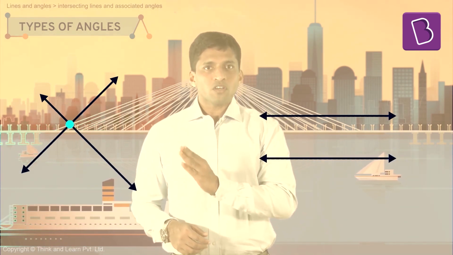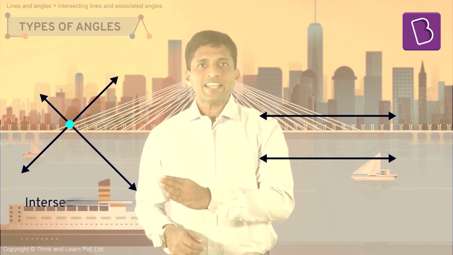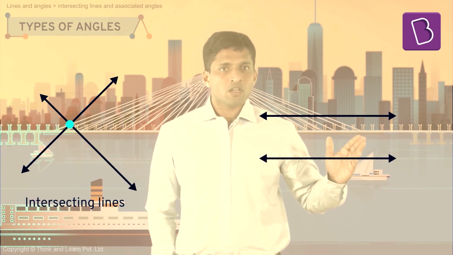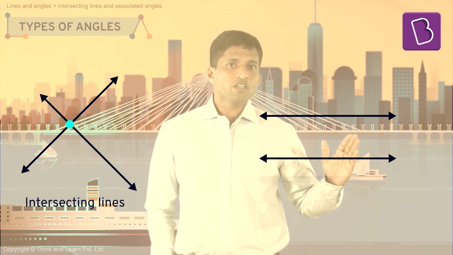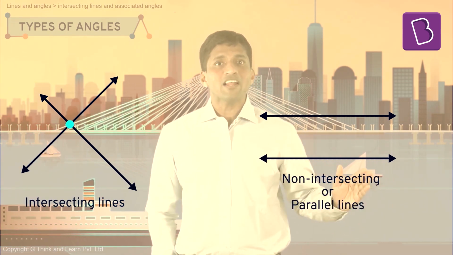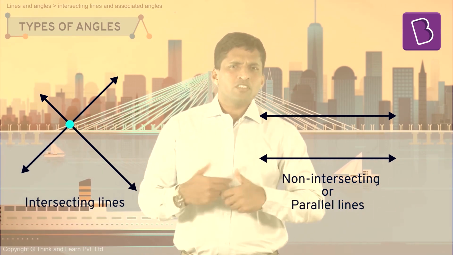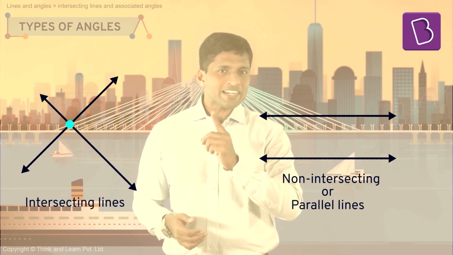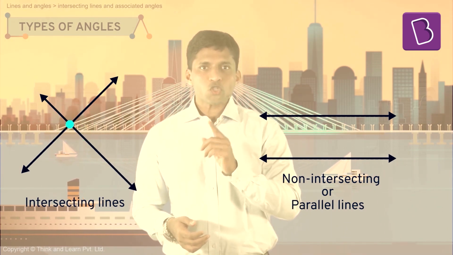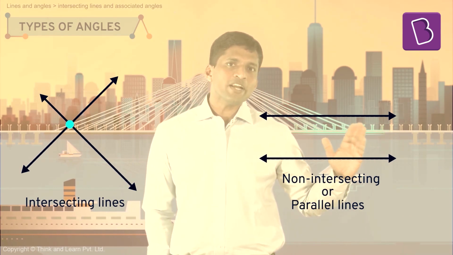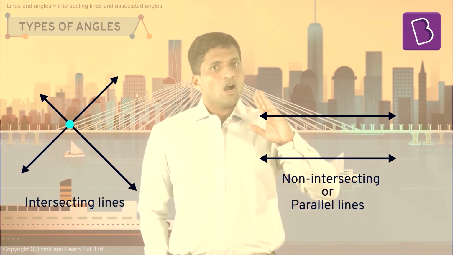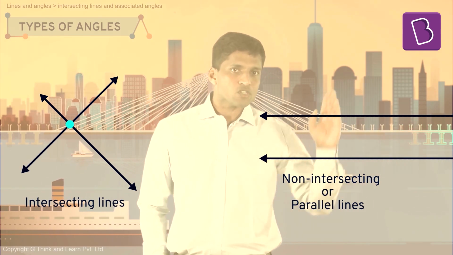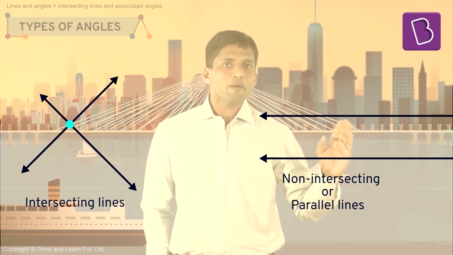In the first scenario, these lines are called intersecting lines. In the second scenario, where they are not intersecting at all, they are called non-intersecting lines, or parallel lines. So there is no more explanation required. Intersecting lines intersect at only one point, and in the second case, no matter how long you project these two lines, they don't intersect at all. In the second case, as you can see in the diagram, these lines are parallel lines.